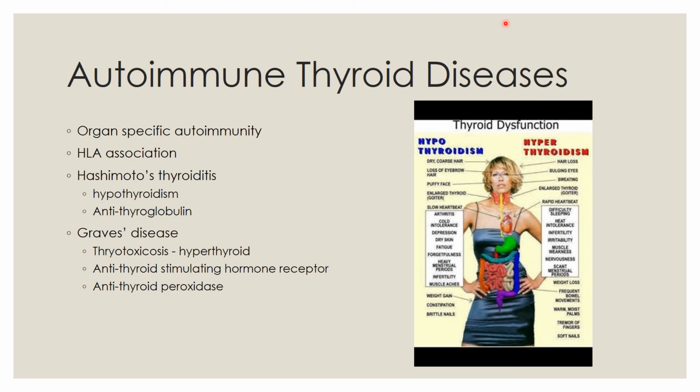So when you have the antigen antibody binding complex, the antibody is binding to the thyroid receptor. That's actually going to mimic the normal action of TSH. So it seems like you're calling for increased metabolism when it's actually an immune response against that receptor. That's where the symptoms of hyperthyroid come from.